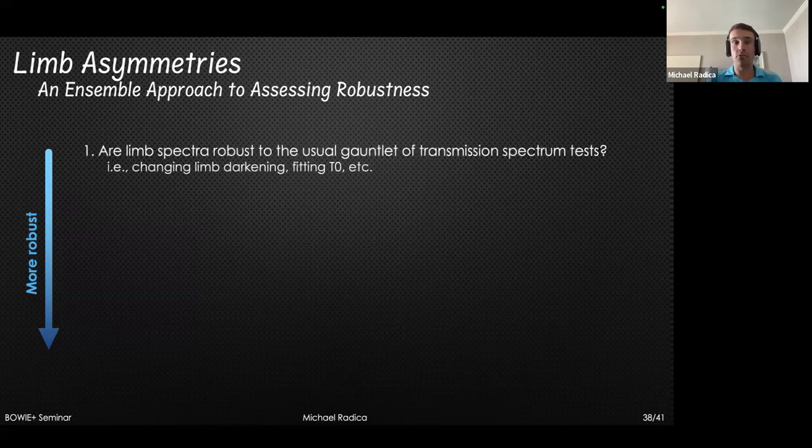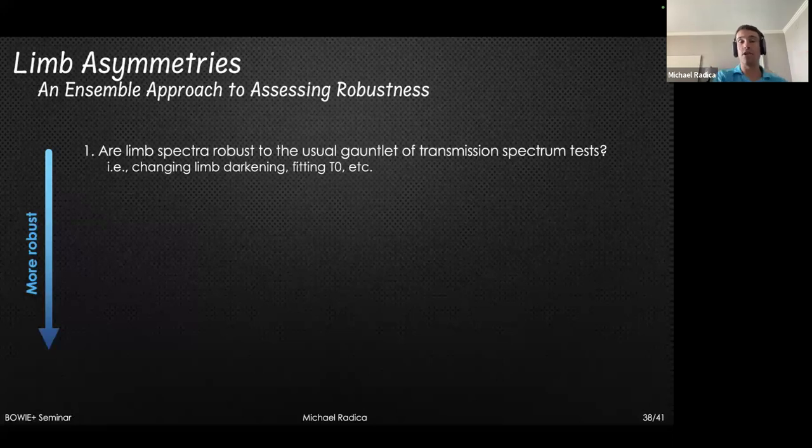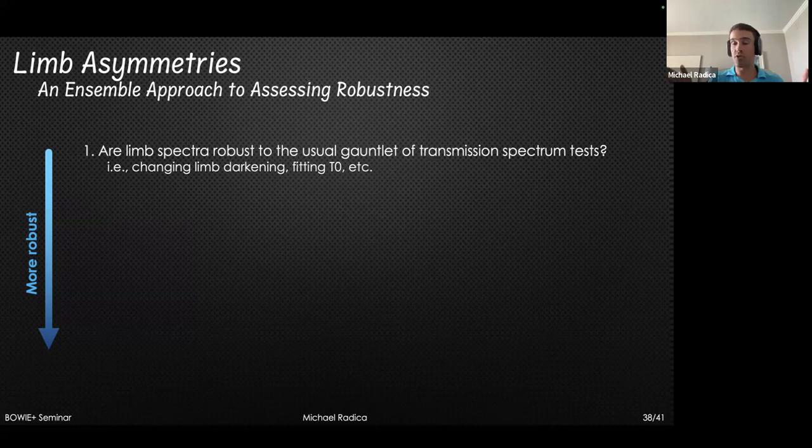The first is simply doing the same gauntlet of tests that you would normally do for your transmission spectrum, or that the referee will probably tell you to do when you submit your paper. If you think you see methane, you would check whether your transmission spectrum or your detection significances change if you fit using different limb darkening, if you fit T naught, etc. So doing all those normal things that you would do for your transmission spectrum and seeing whether your limb asymmetries go away or not.